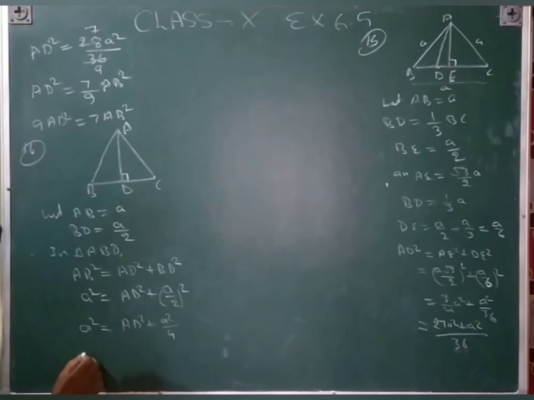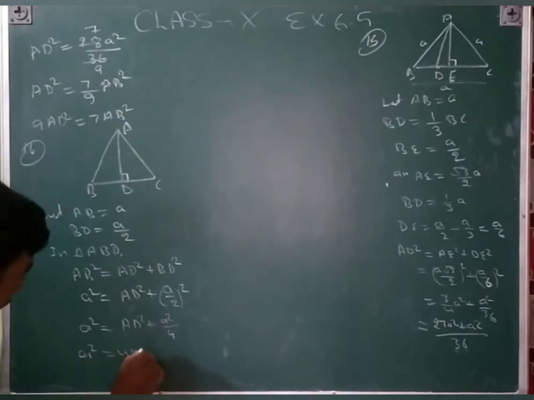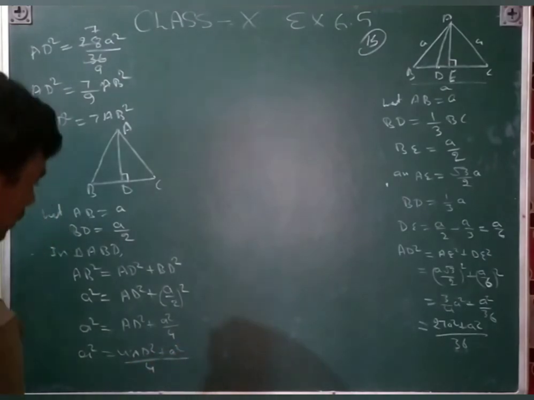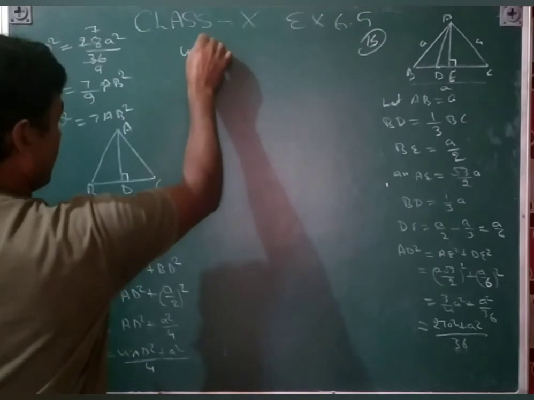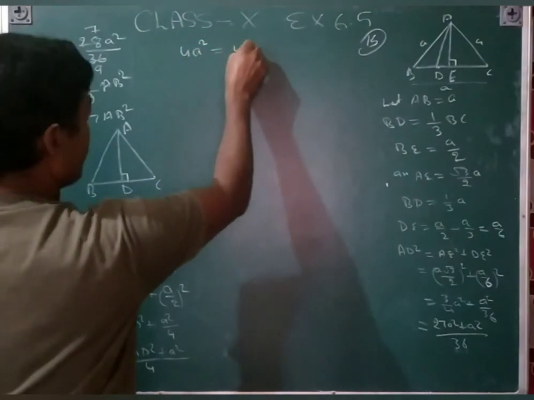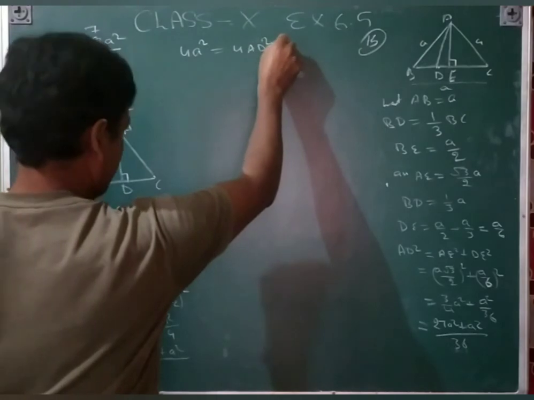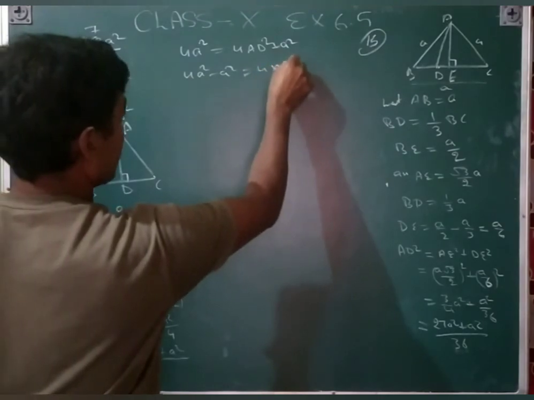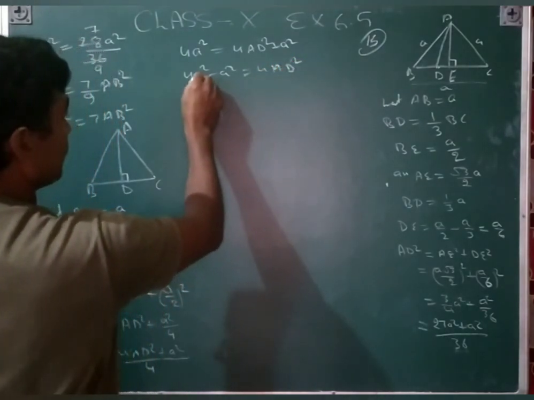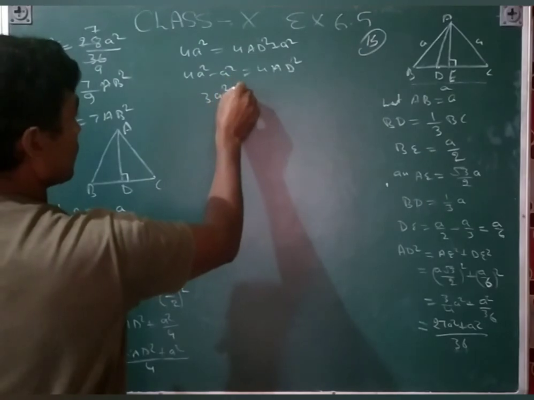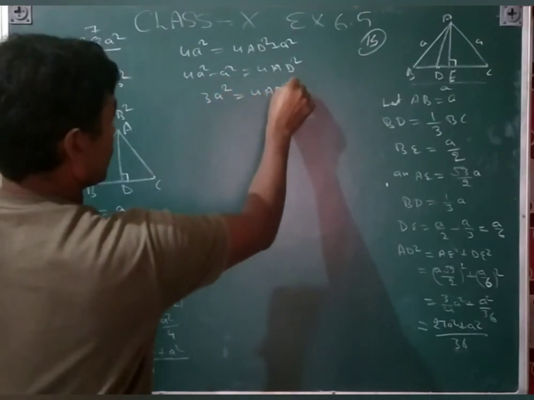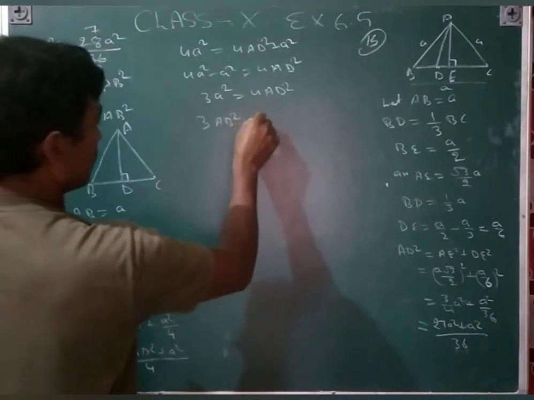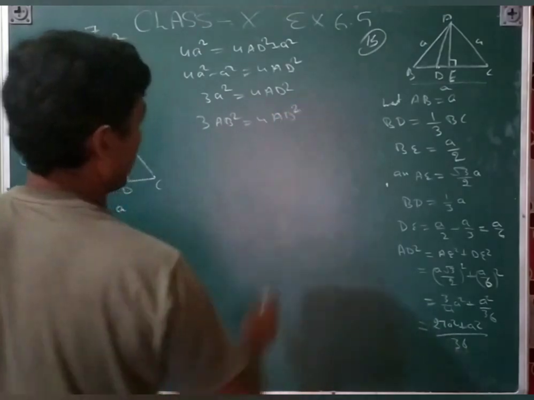By cross multiplying, 4 A square is equal to 4 AD square plus A square. So 4 A square minus A square is equal to 4 AD square, that is 3 A square is equal to 4 AD square. We have already supposed A is AB, so 3 AB square is equal to 4 AD square.